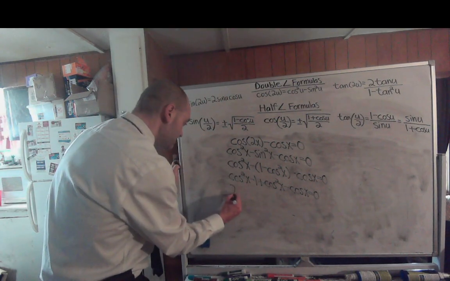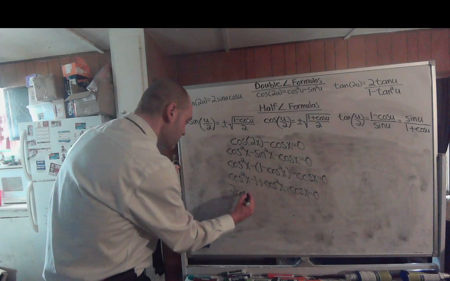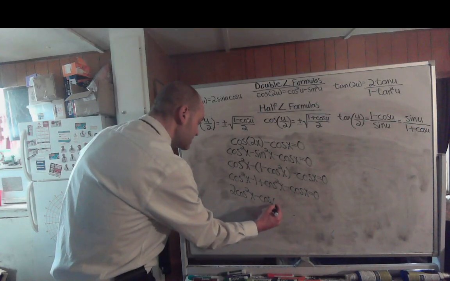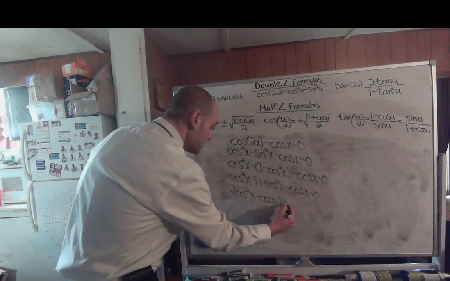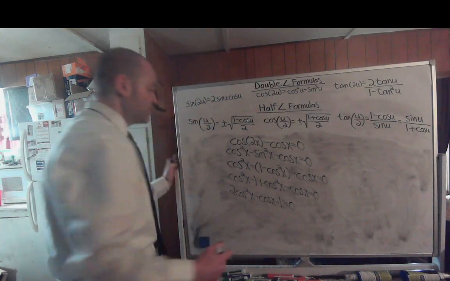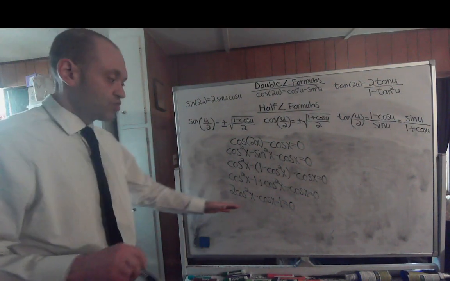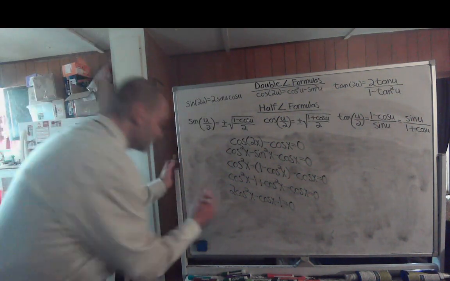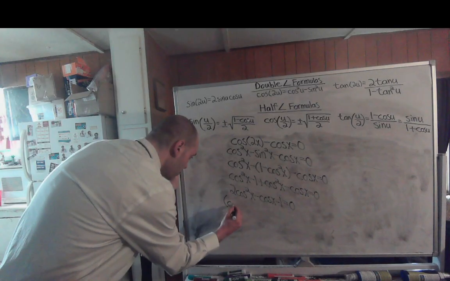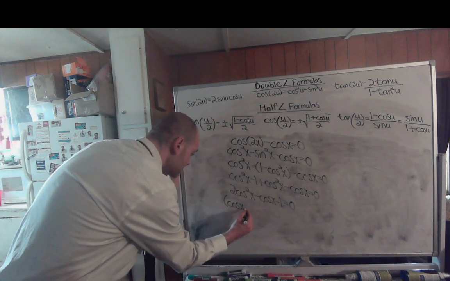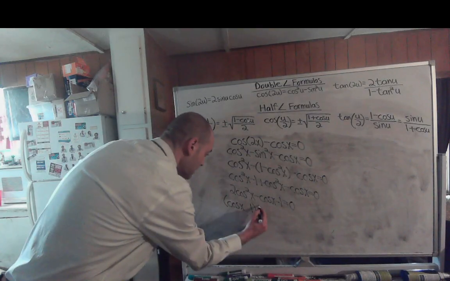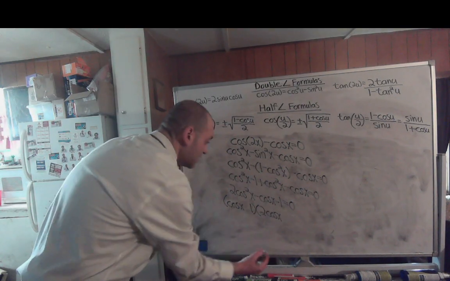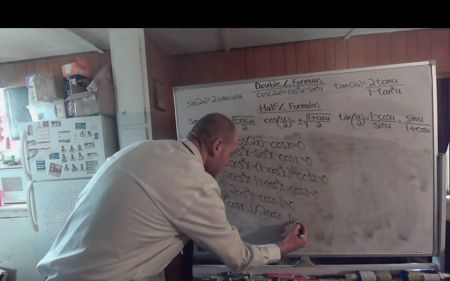So this would become 2 cosine squared of x minus cosine of x minus 1 equals 0. So now we just have a nice quadratic trig equation to work with. So let's factor this. Of course, you'll have cosine of x in some version of 1, and then you'll have 2 cosine of x in some version of 1 equal to 0.